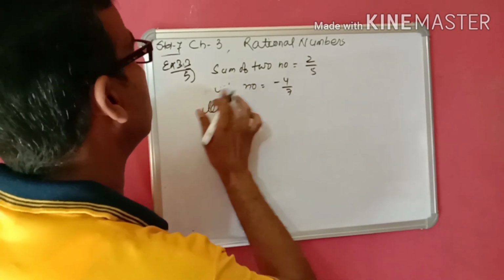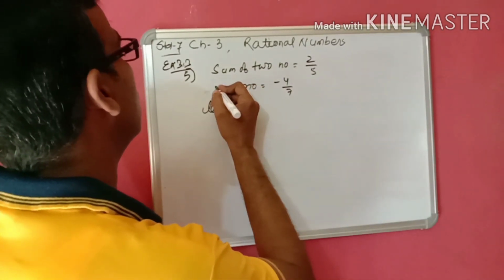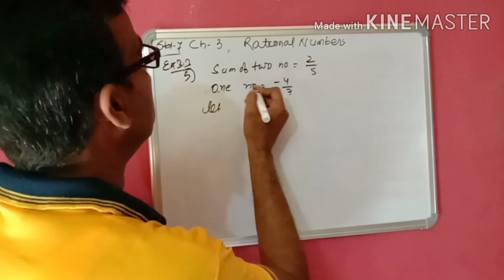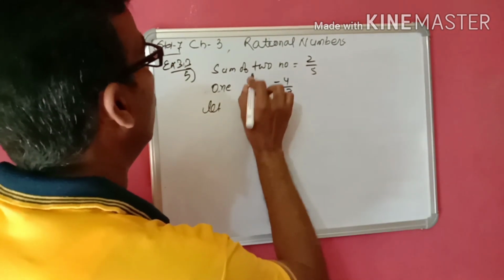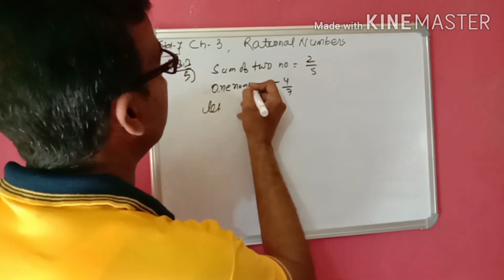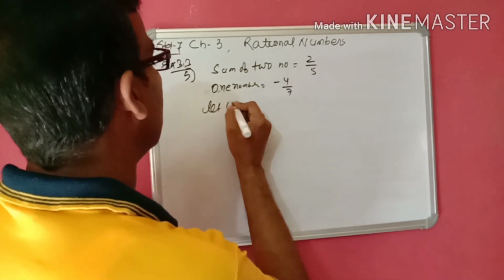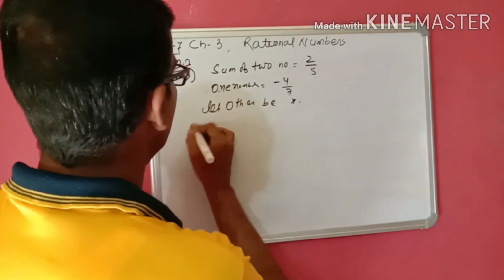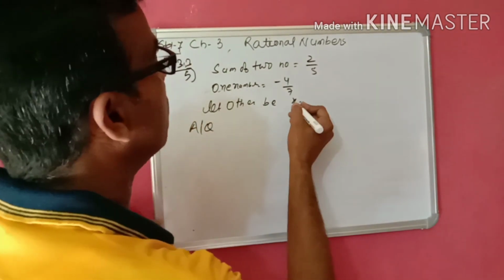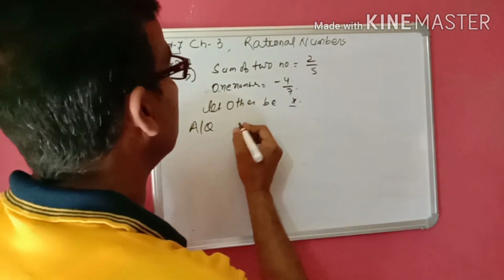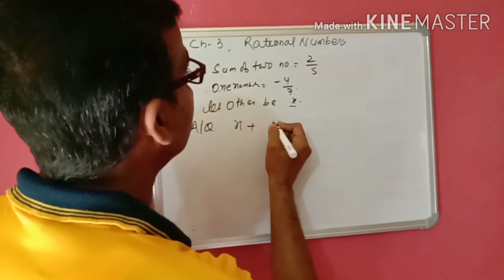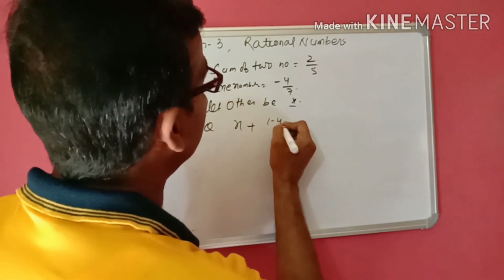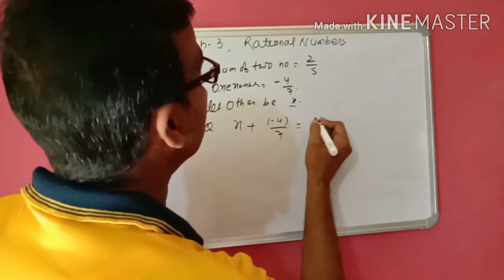Let the other number be x. So according to the question, the sum of the two numbers, one number is this one, the other number is this one. Therefore, x plus minus 4 by 7 equal to 2 by 5.